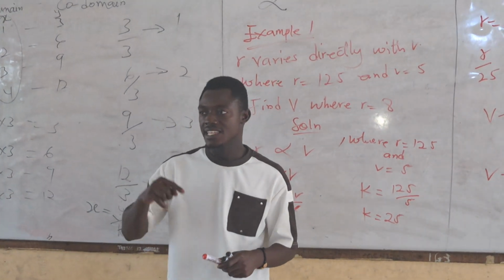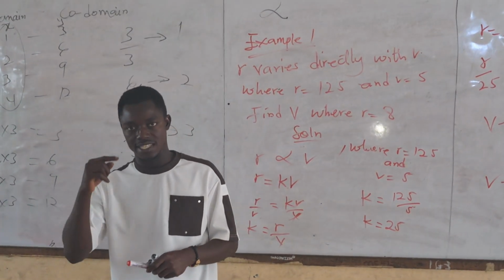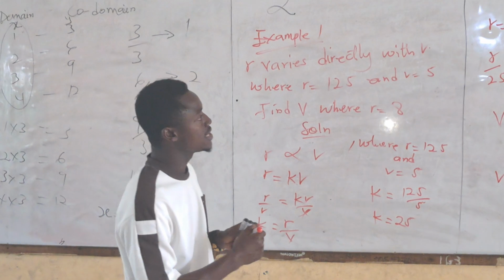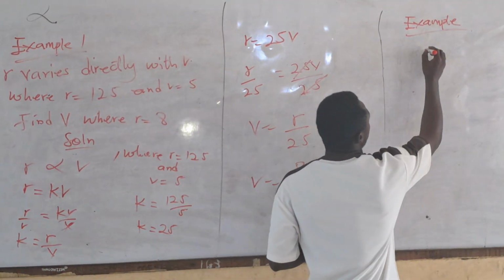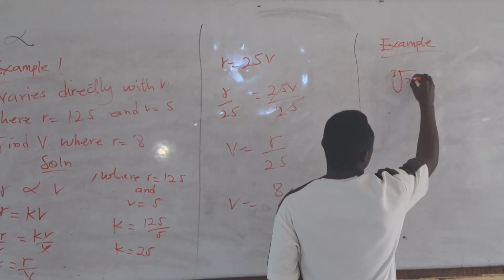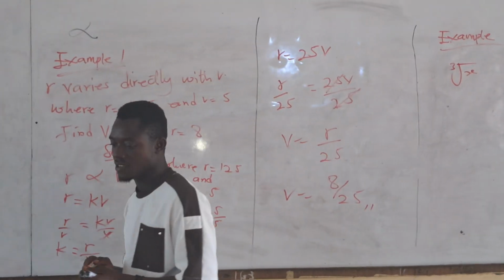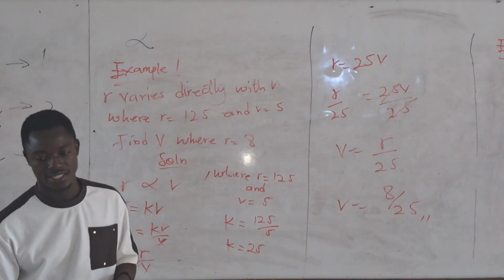Y varies directly with the cube root of X, and the cube root sign is written here, like this.